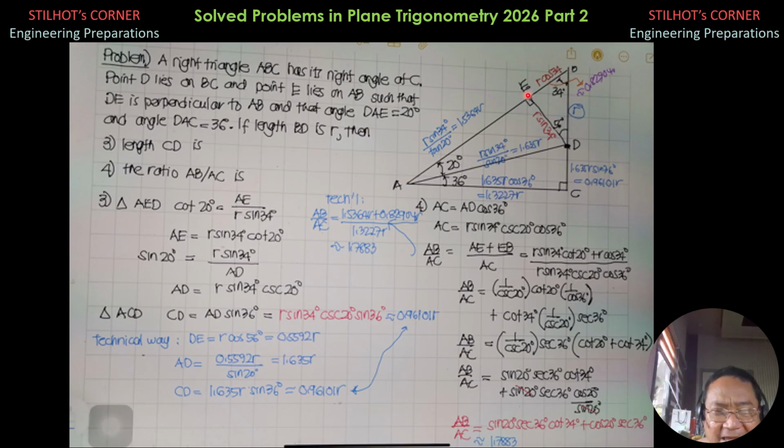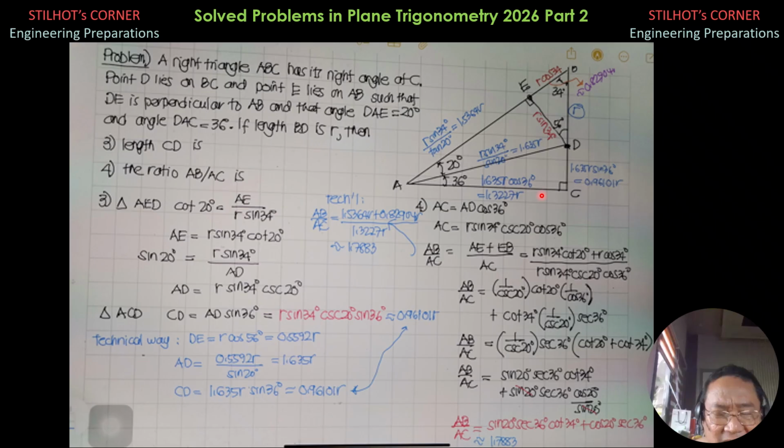You'll now have AE, you'll now have BE, which is r cosine 34, and it is equal to this value here, 0.8 something r. So we now have length of AB in terms of r.